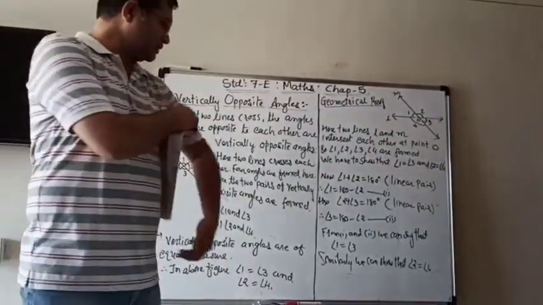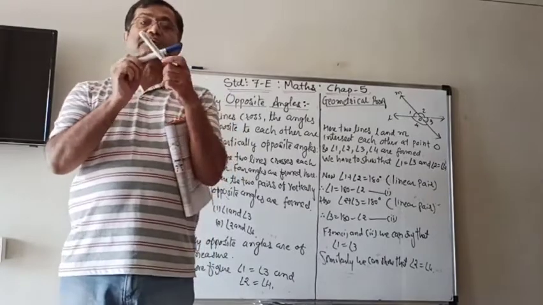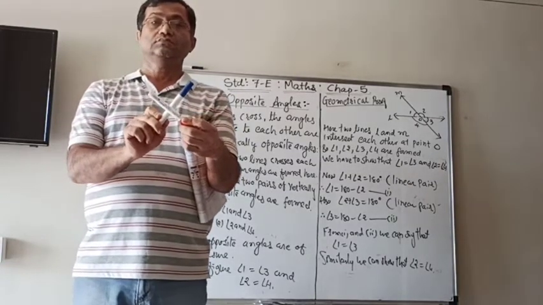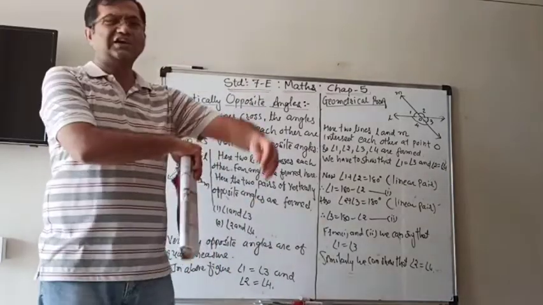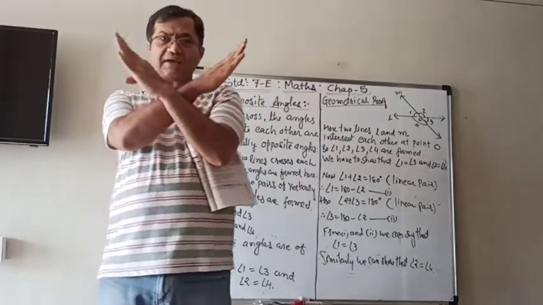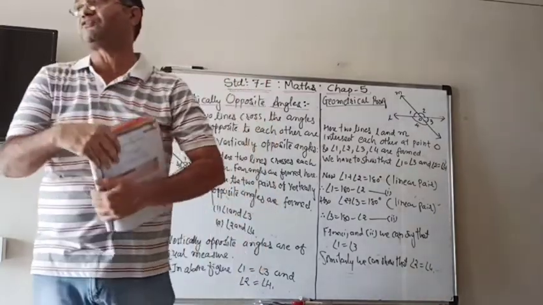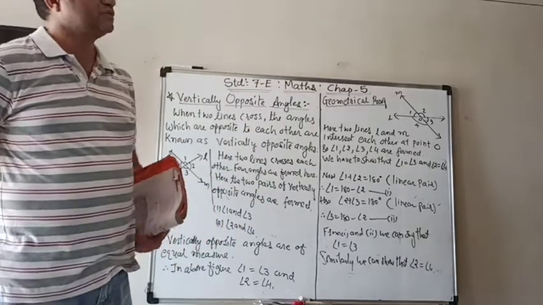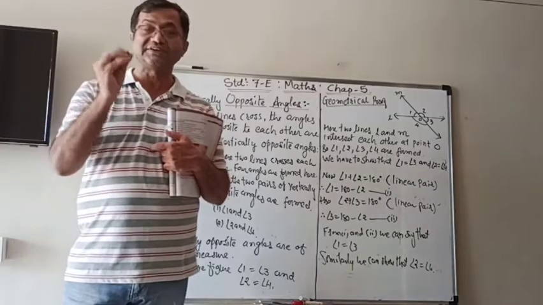Or you can take your two pens or pencils, and they cross each other like that. Or just cross your two hands like that. You can see that angles 1, 2, 3, 4 are formed, in which you can see the two pairs of vertically opposite angles.